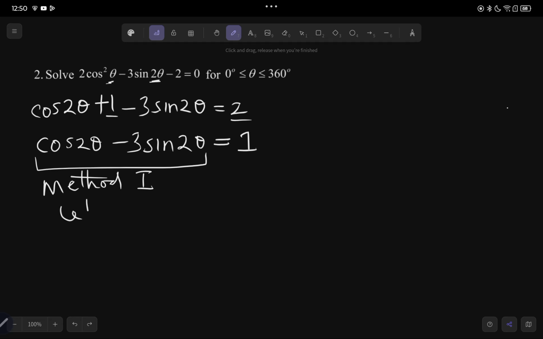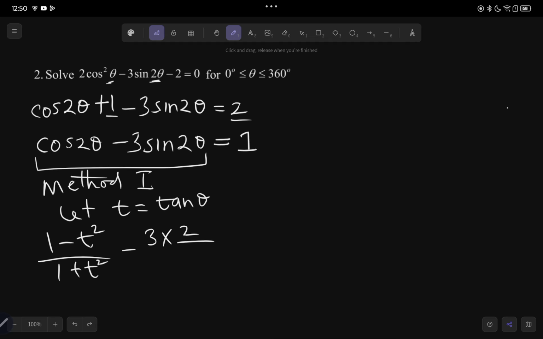Method 1, you can let t be tan theta. Then you put the t formula: 1 minus t squared over 1 plus t squared, that is using the t formula, minus 3 times 2t over 1 plus t squared is equal to 1.